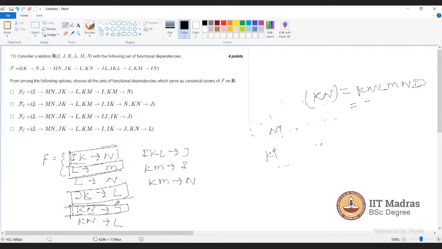So this is the redundant functional dependency, right? Yes, sir, this is a redundant functional dependency.